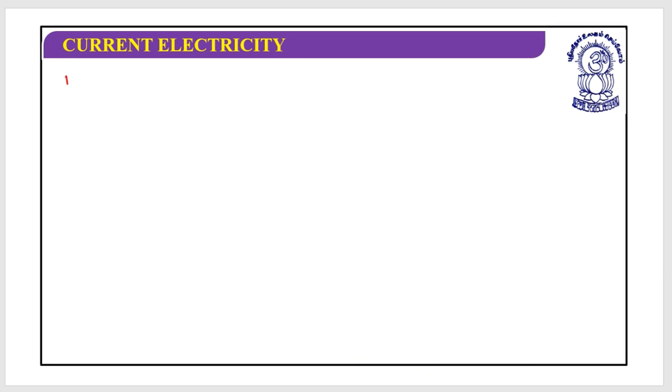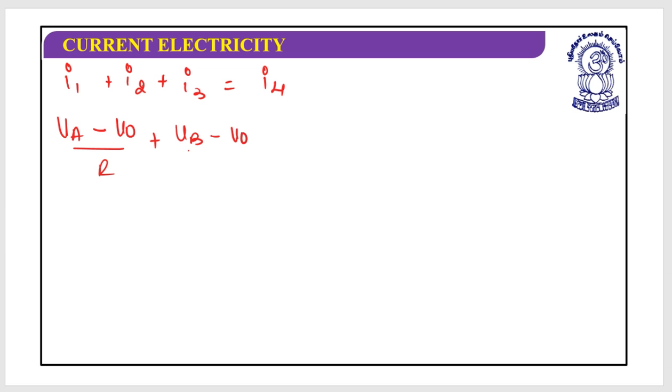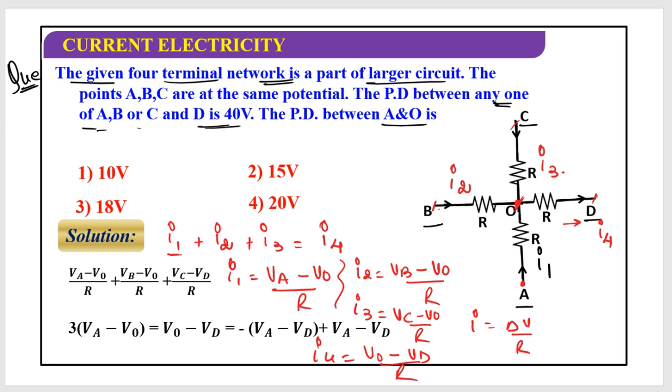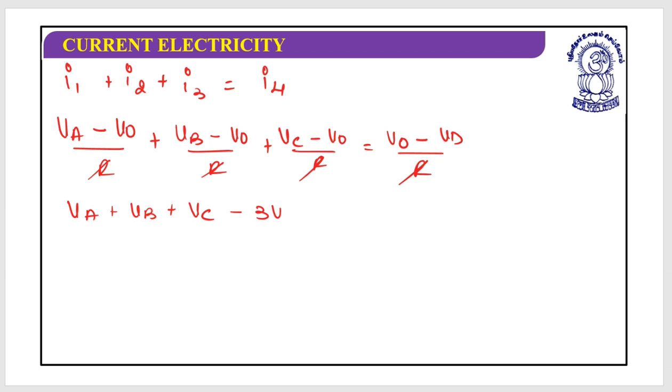So let me put up the values. I1 plus I2 plus I3 should equal I4, where I1 is VA minus VO divided by R, I2 is VB minus VO divided by R, I3 is VC minus VO divided by R, and I4 is VO minus VD divided by R. The R cancels. So we get VA plus VB plus VC minus 3VO equals VO minus VD.